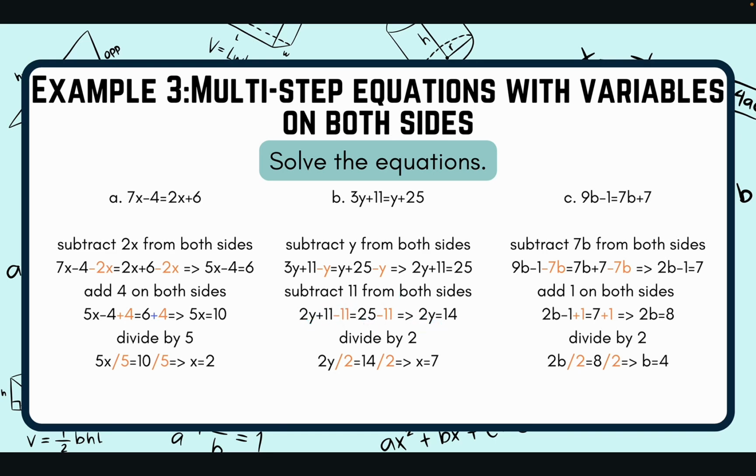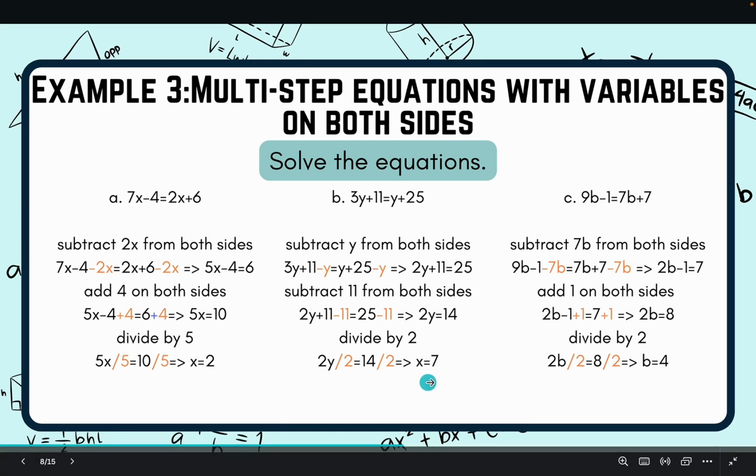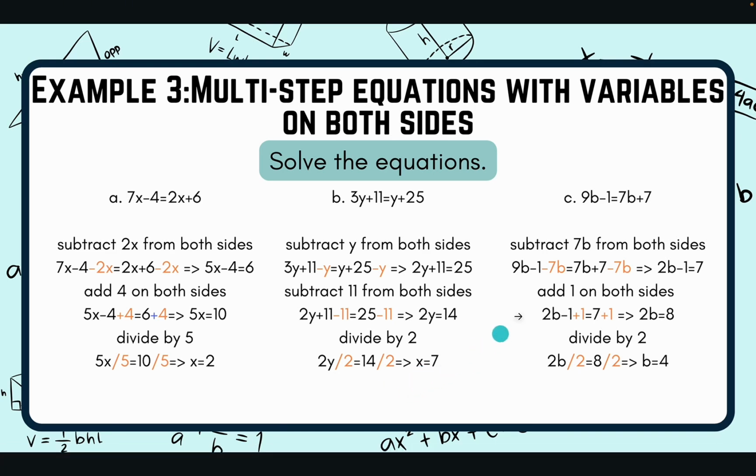And then you divide this by 2. So it's 2y over 2 equals 14 over 2 equals, oh sorry, I made a mistake here. It's y equals 7.